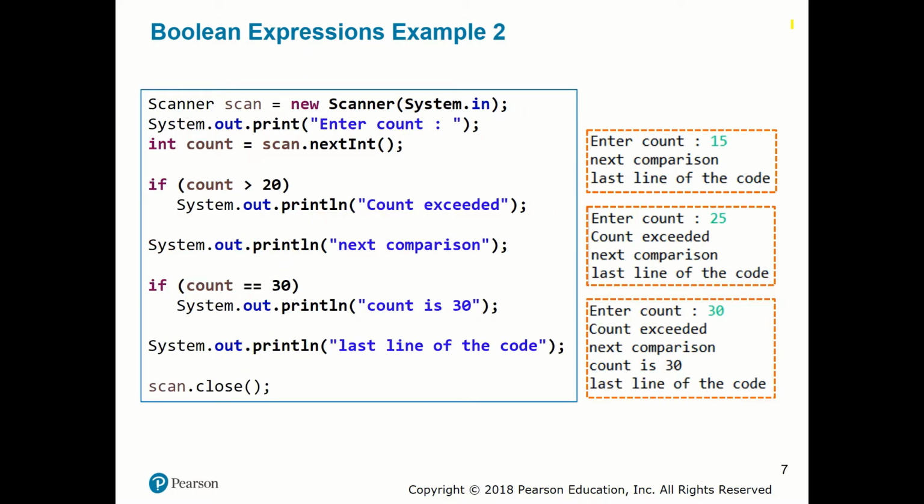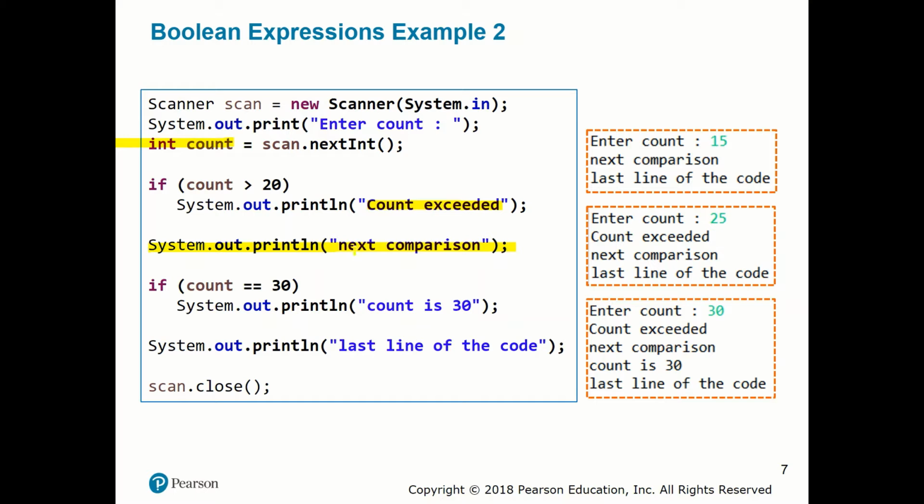Take a look at this example. This example also receives one data value, and count has that input. If count is greater than 20, then this is printed out. And then this line is not related to the if statement, so this line will be printed out unconditionally.